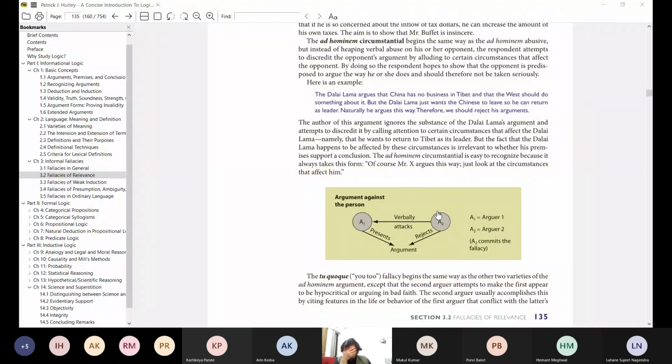But in that case, what's at stake is not somebody else's argument being discussed or not being discussed. That's the difference. Yeah, I understand. That makes sense? Yes, I understand.